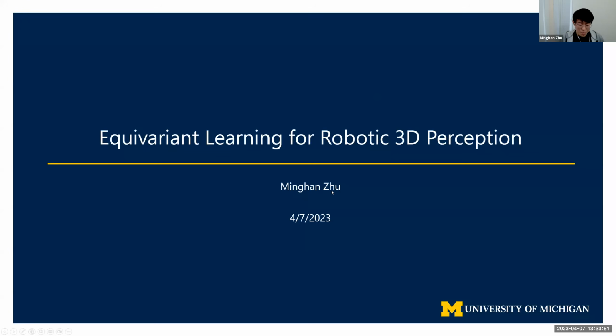So today, the topic of this talk will be equivariant learning for robotic 3D perception. So basically, we are talking about a type of learning framework, especially in the context of robotic perception.